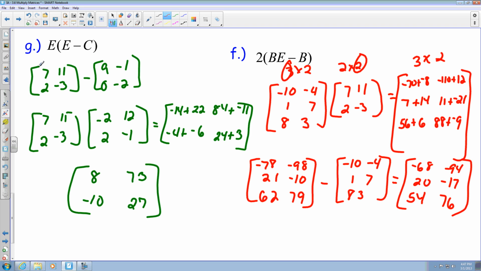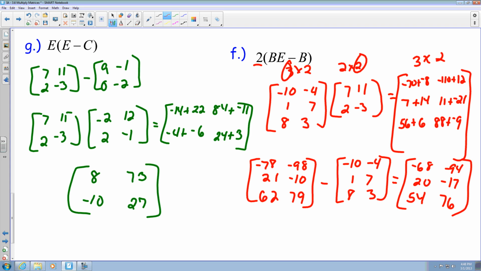Let me write this a little bit better, so it doesn't look like the 8 and the 3 were right next to each other. So now what I've done is got the product B times E, and I've subtracted matrix B. Now I have a scalar multiplication.